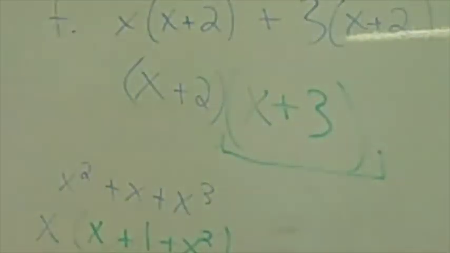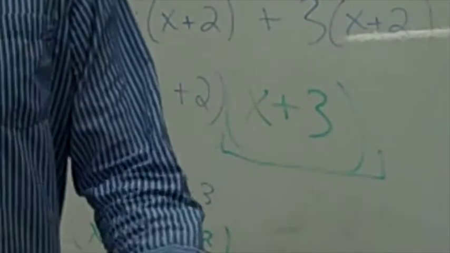The last blanks. Factoring by grouping. On your homework there will be a section called factoring by grouping. Which means you should draw a line, and here's your blanks. Draw a line down the middle.